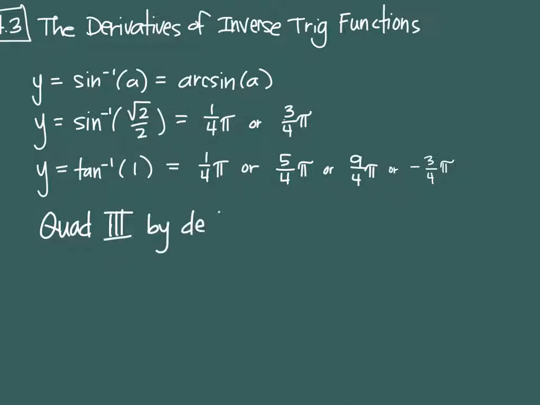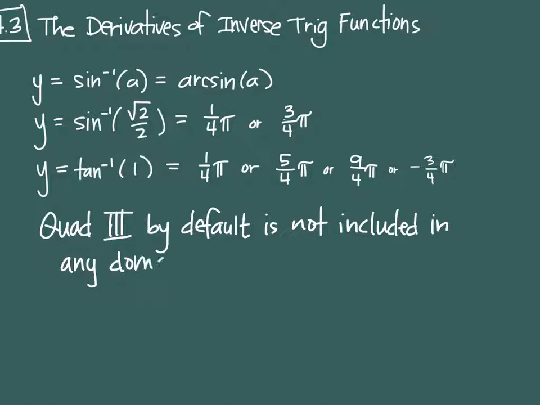It has to do with the original function passing both the horizontal and vertical line tests, and so quadrant 3 by default is not included in any domain unless otherwise specified. So unless it specifically says you are allowed to, the default is no.